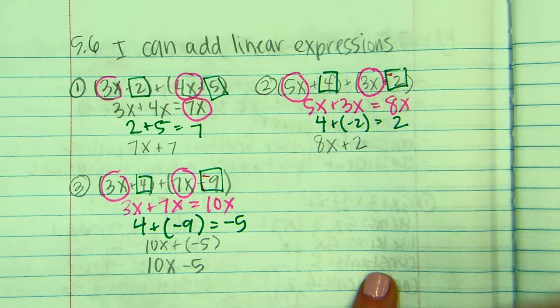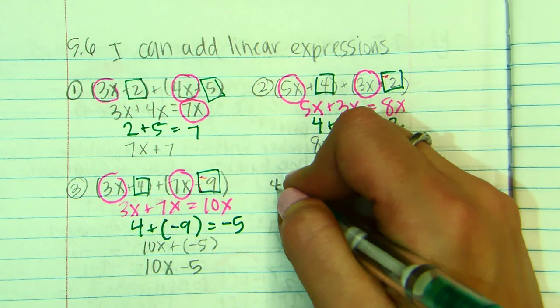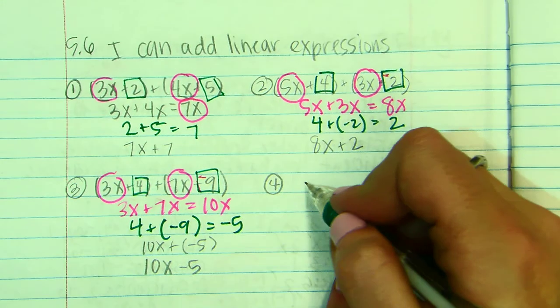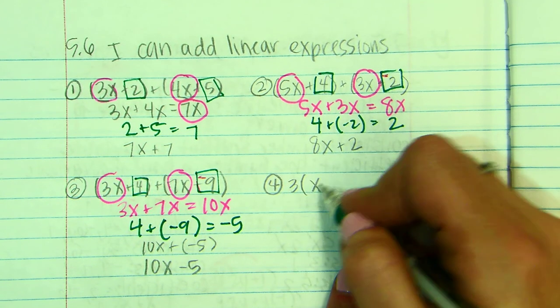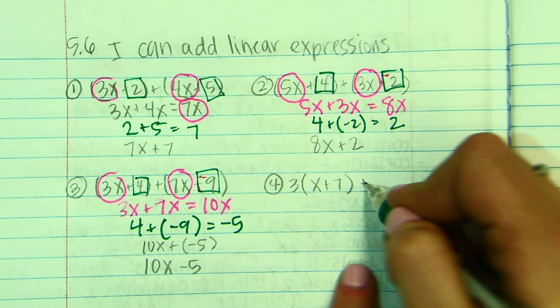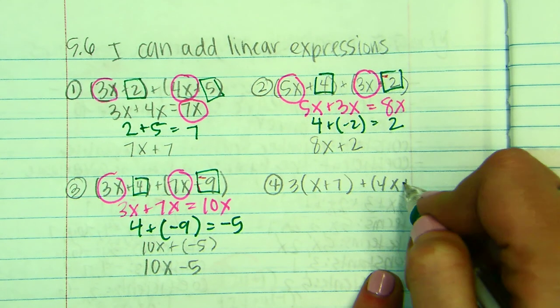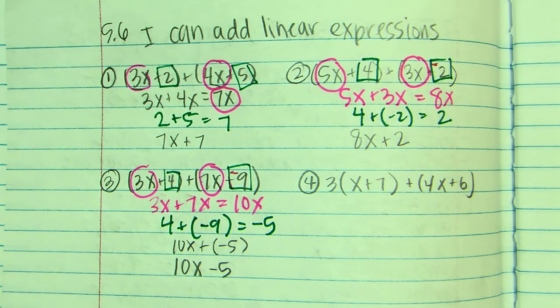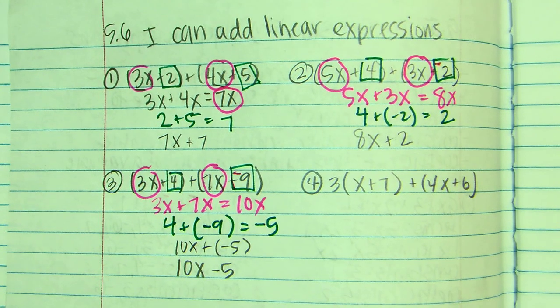Okay, let's do one more with the distributive property. So if I have a problem like 3 times x plus 7 plus 4x plus 6, I'm going to distribute first. So I'm going to do the Santa hat.